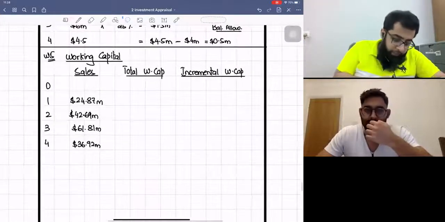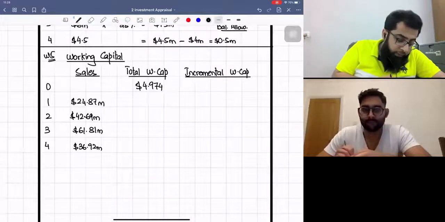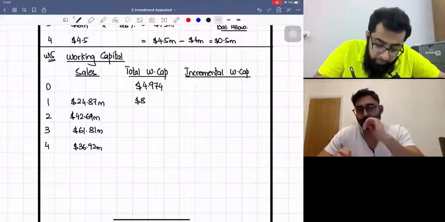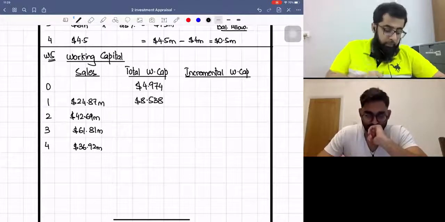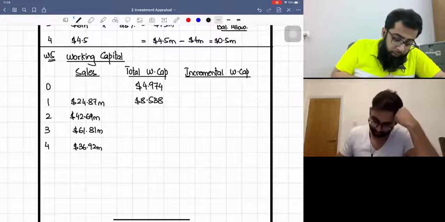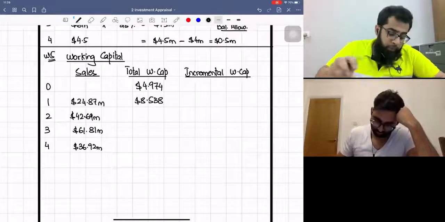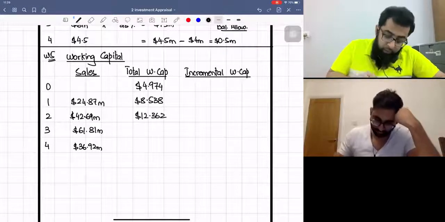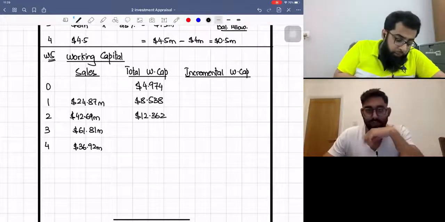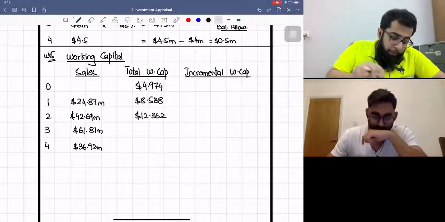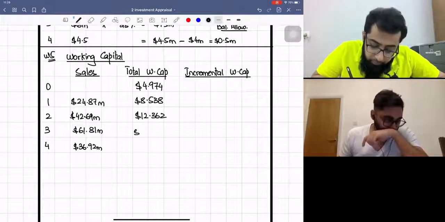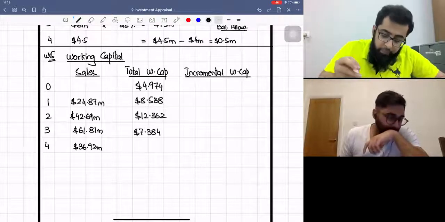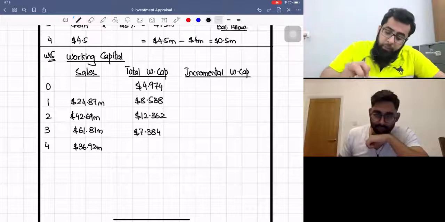Then 42.69 into 0.2, 8.538. 61.81 into 0.2, 12.362. Now this is the total amount we need. 36.92 into 0.2, 7.384. So what will be the incremental amount?